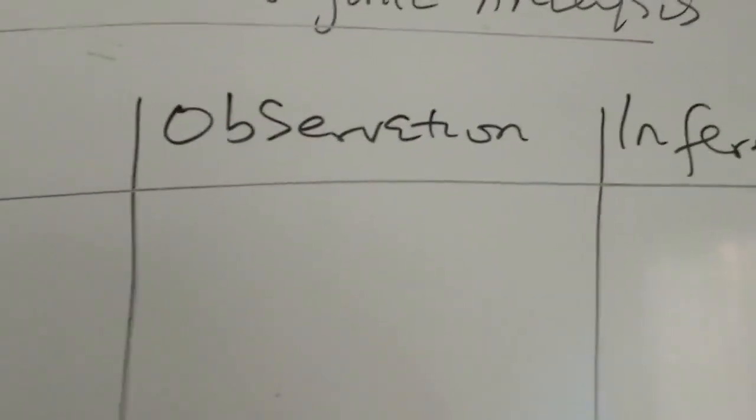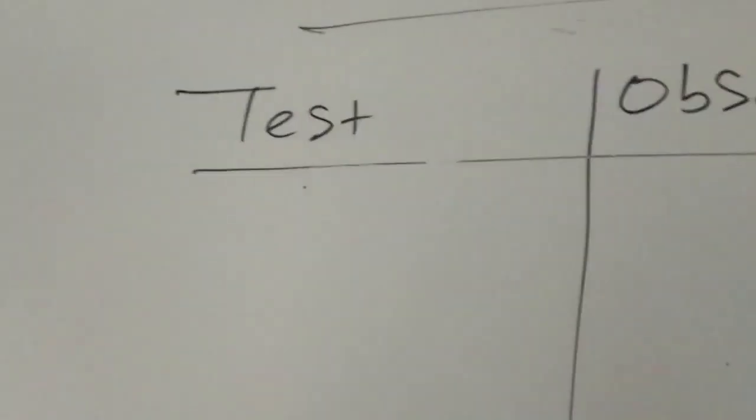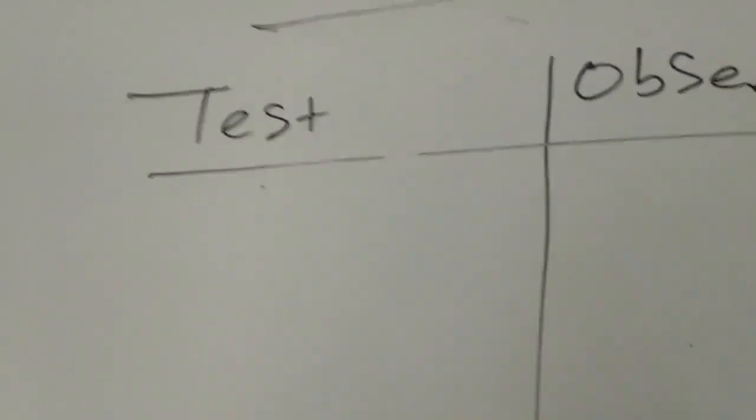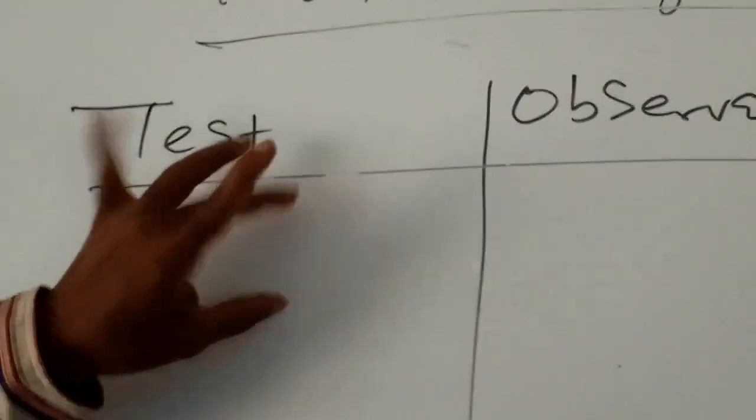Although in a standard examination, just like WAEC, GCE, or any exam you're writing, O level or A level, the test may not attract any score for you. But what attracts score is observation and inference. But if the test is not written well with the correct wordings, you're going to score 0 in the observation and the inference.